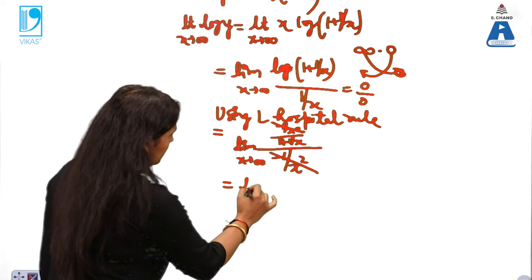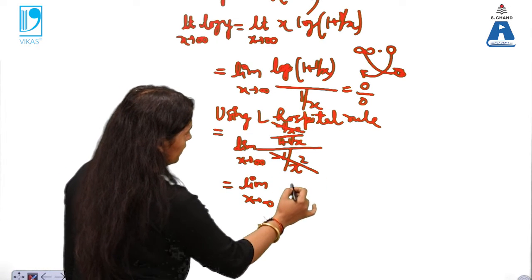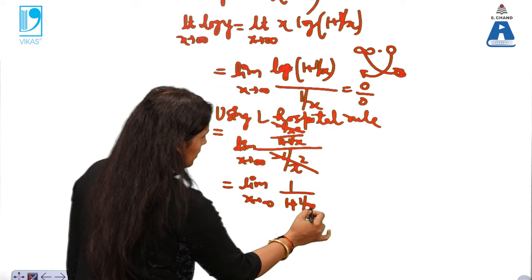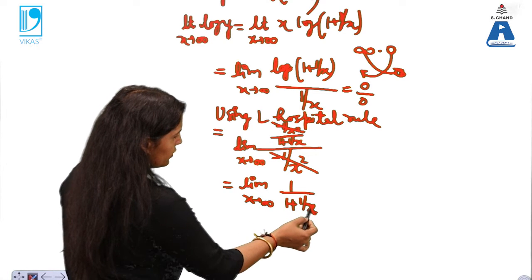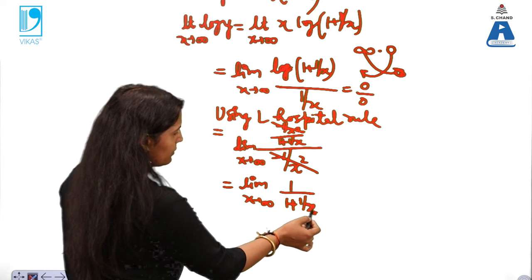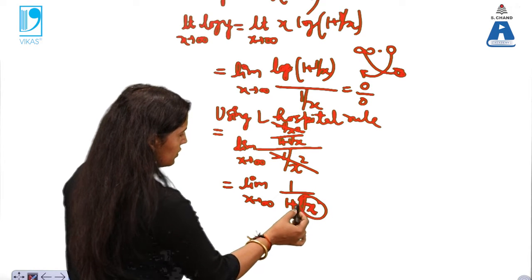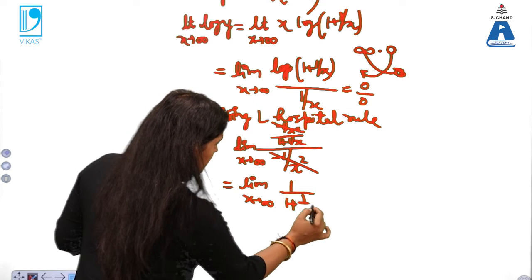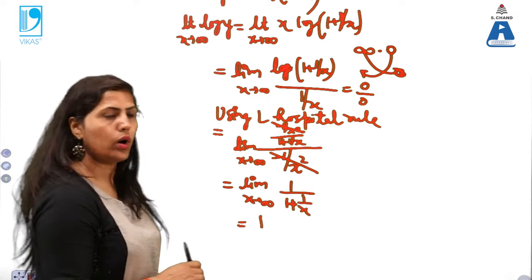We are left with limit x tending to infinity of 1 upon 1 plus 1 by x. Apply the limit. When you are applying the limit infinity, 1 by infinity is 0. It means finally you are getting it as 1.